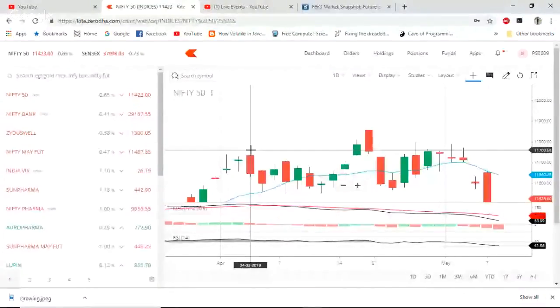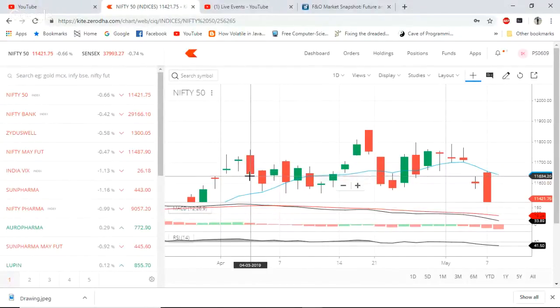If you see this candle, this line is the top of the whole day. Because we are on the daily chart, this is the high that it hit, the highest price that it traded at. Similarly, this indicates the low at which it traded. And then we have two other things.